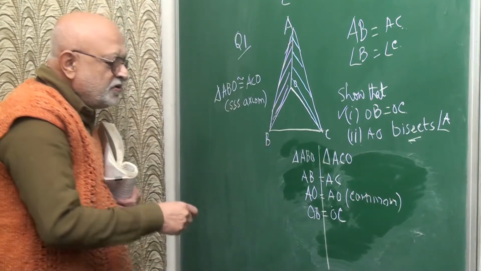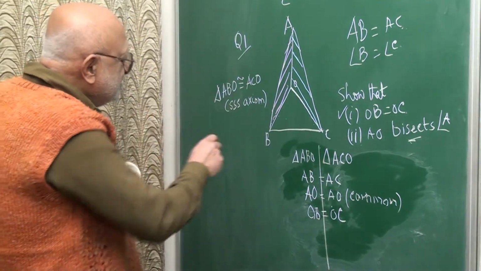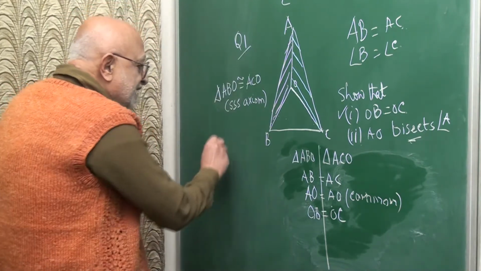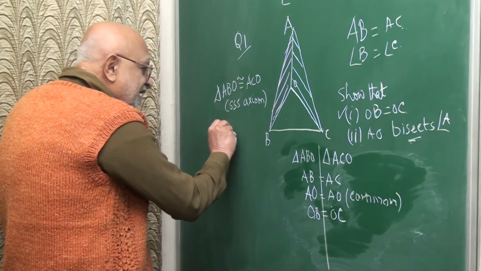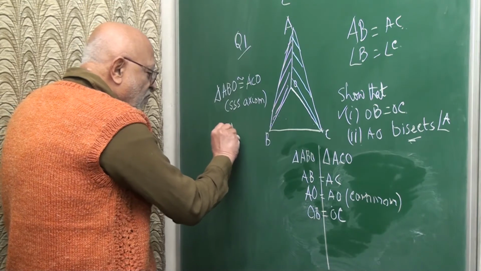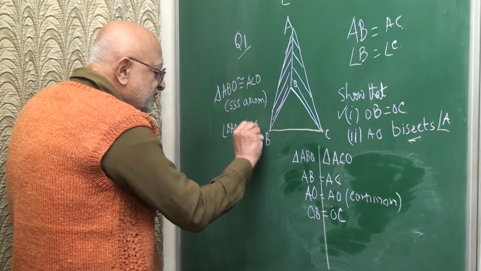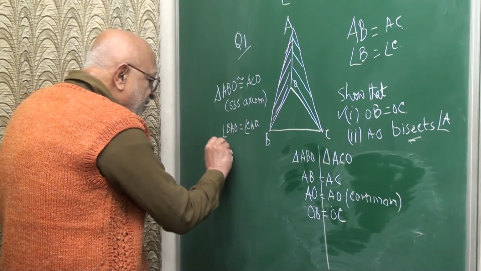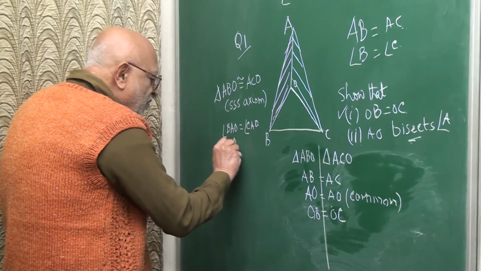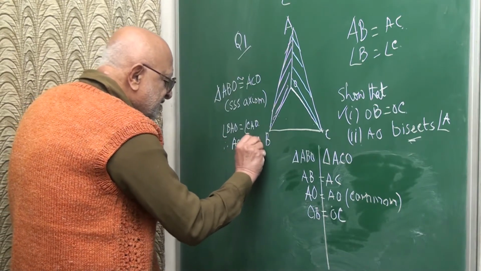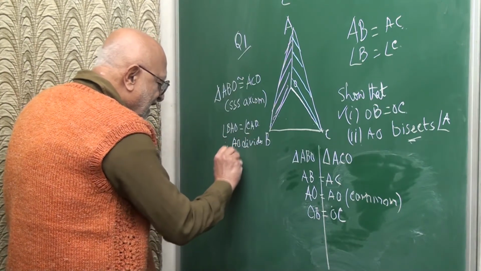It's known now, these are congruent. So what does congruent mean? That means angle BAO is equal to angle CAO. Therefore, AO divides angle A.